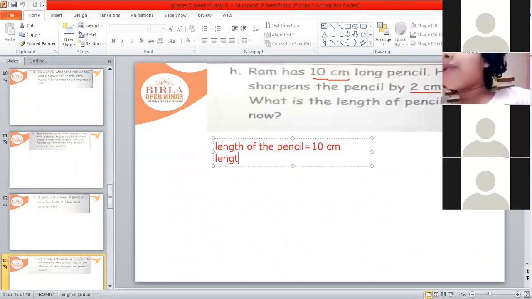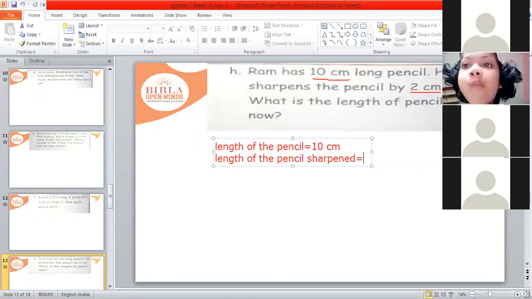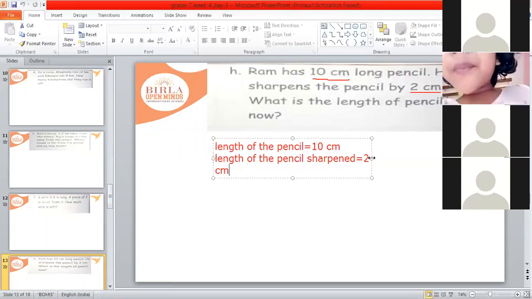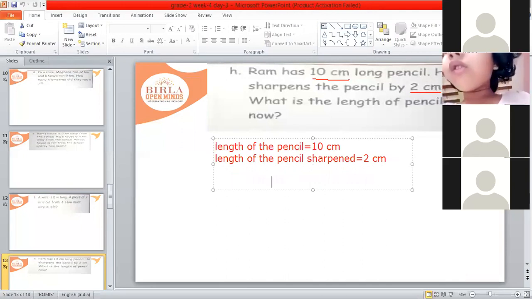Then length of the pencil sharpen equal to how much? 2 centimeters. Yes, children, write these statements without any spelling mistake. Quickly.